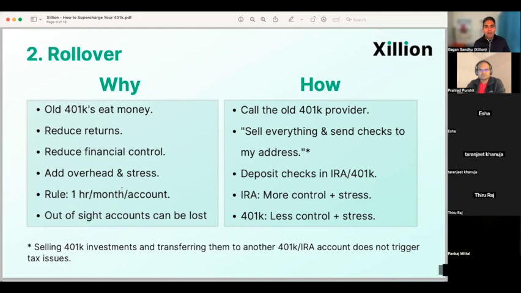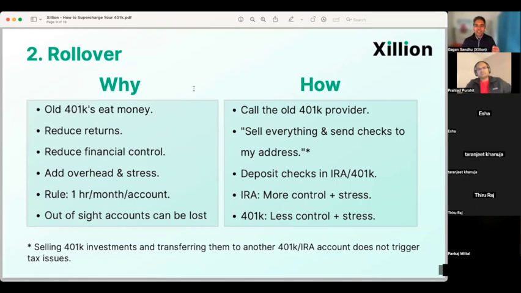The second thing that people wanted to know more about was rollover. We all change jobs. That's just the nature of working in tech. What I have found is that if you leave money in old 401ks, a few things happen. Old 401ks start eating your money. It's just a thing.